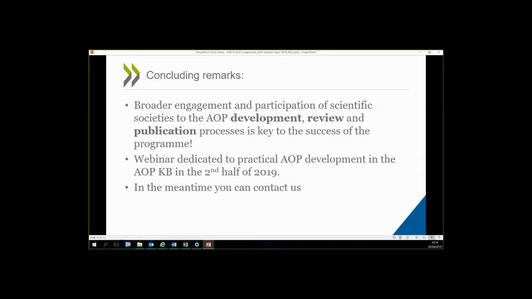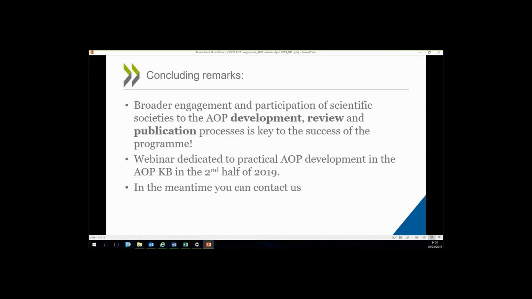So, as you heard, we want to create more opportunities for researchers to become key players in this program. And researchers in countries are encouraged to support the development of the AOP and populate the AOP knowledge base with AOPs that will, in the future, support chemical risk assessment.